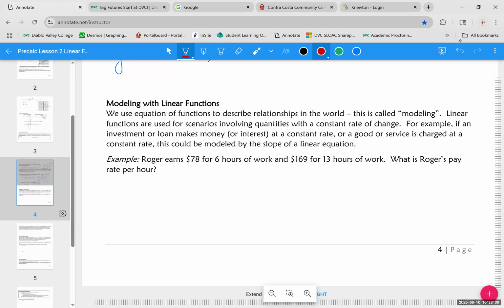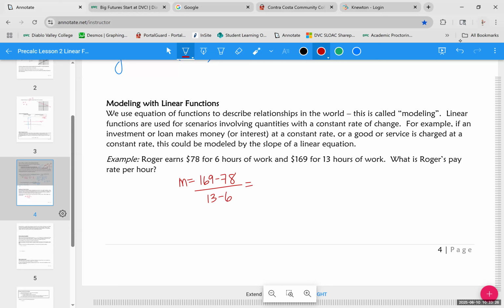That works. Or you could do the change in dollars over the change in hours, which will again give you that constant rate. So any way you do it would work. I'm going to go ahead and look at doing it with the slope.